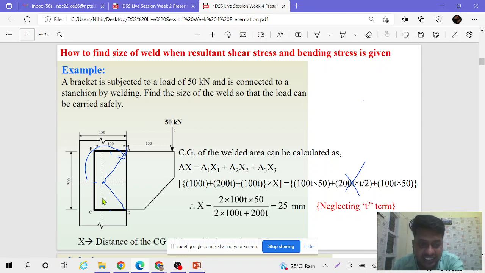So this length is 75, and from here this is 100. This distance is calculated based on Pythagoras theorem, root over 100 square plus 75 square.